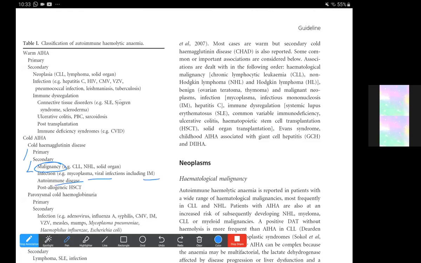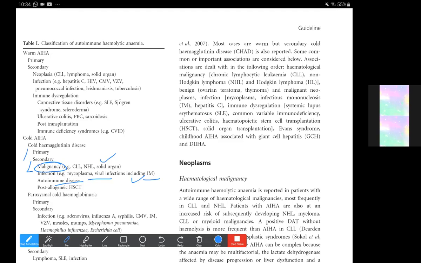This can also cause secondary cold hemagglutinin disease. Malignancies would cause a monoclonal proliferation of IgM, and infections, mycoplasma and infectious mononucleosis, would cause an increase in the polyclonal IgM component.